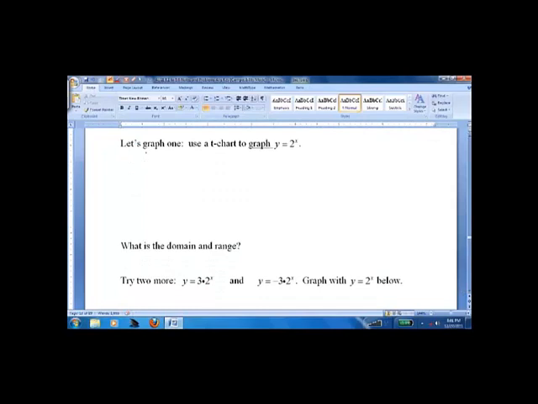Let's graph one. We'll use a t-chart. For most t-charts for exponential, I'm only going to use 3 values, but today we're going to use 5. So 2 to the negative 2, well, we know that's just 1 over 2 squared, which is 1/4, also known as 0.25.